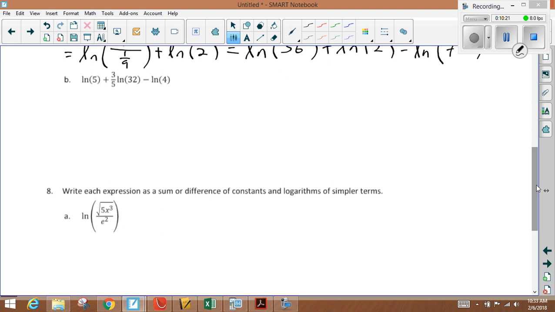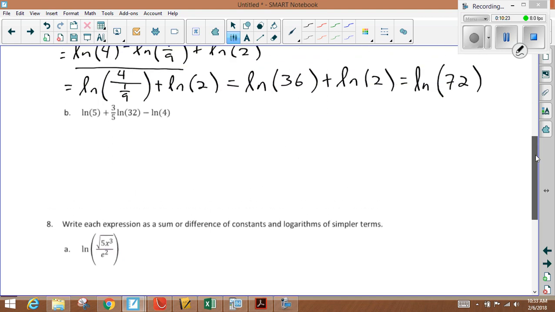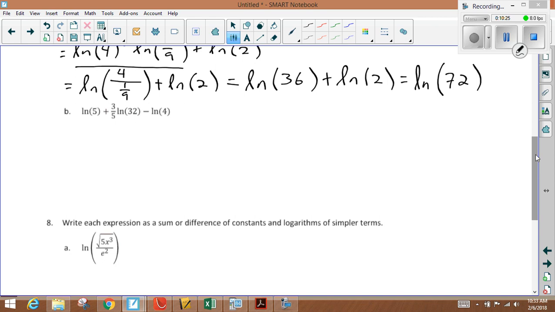All right, so yeah. Sorry, we keep that last step up there for you. Okay, so the first thing I'm going to need to do is bring exponents inside. So this 3/5 is now going to come inside, and that's going to be natural log of 32 to the 3/5 power minus natural log of 4.